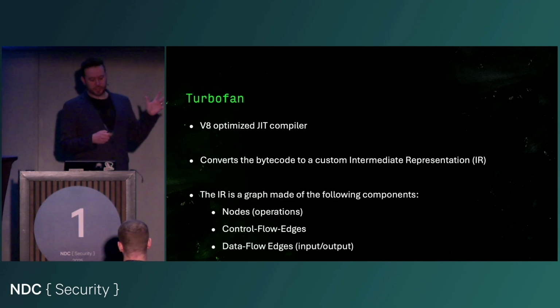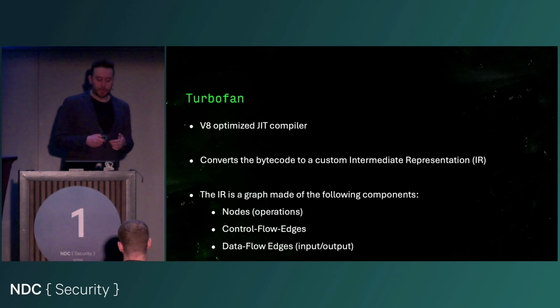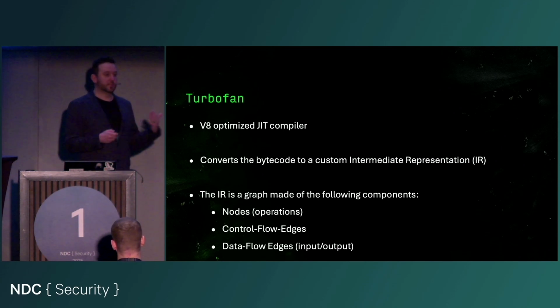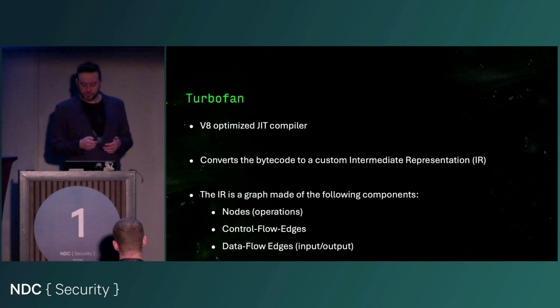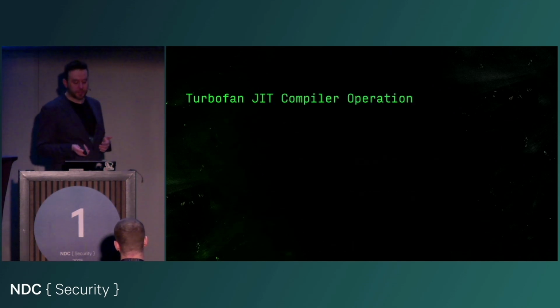The IR is basically a graph made of three components: nodes, which are basically the operations, control flow edges, obviously like for any function, and data flow edges, which are the inputs and the outputs of the functions. So let's take a look at how the TurboFan pipeline works from a high-level perspective now.